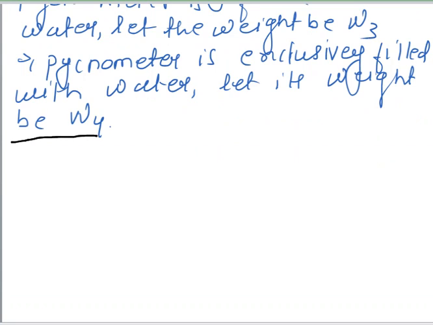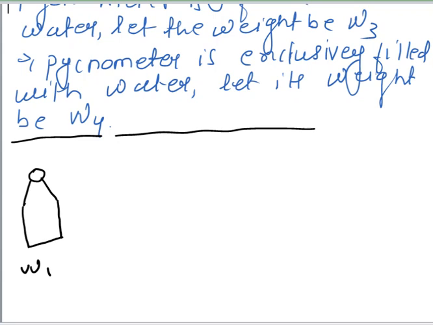So there are 4 jars actually. Look, here is an empty pycnometer bottle, W1. Now the empty pycnometer is being filled by moist soil, it is W2. Moist soil in the sense the soil will be having solid and it will be having water, and free spaces.